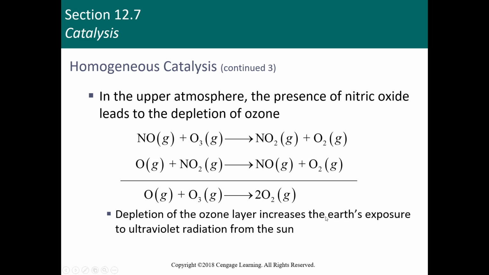But anyways, yes, it can really deplete ozone in the upper atmosphere. This is an example of a reaction that's interesting. And yes, if you release nitrogen oxide into the ozone layer, it would deplete ozone.